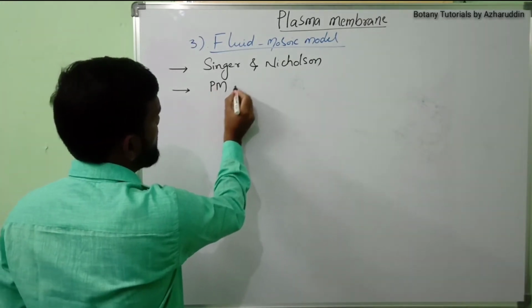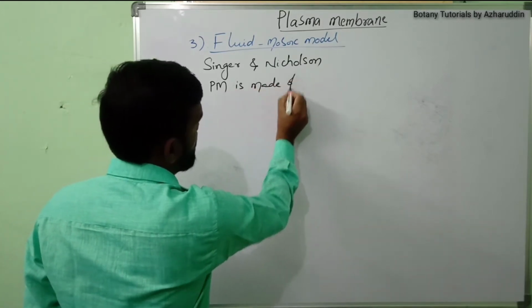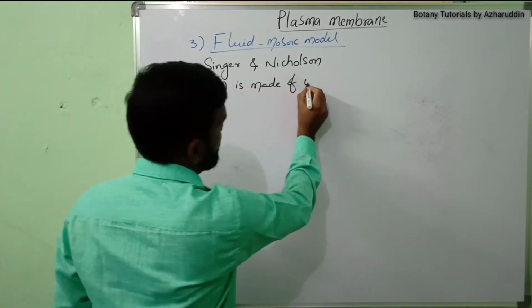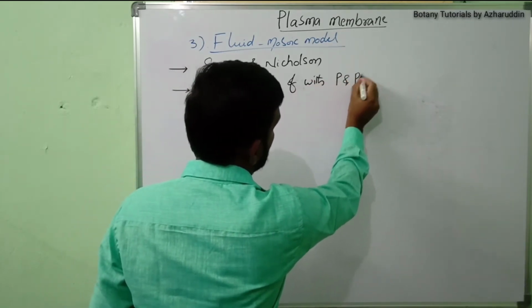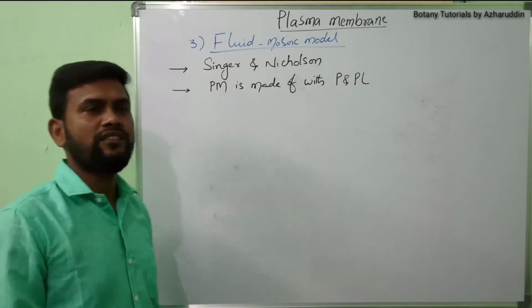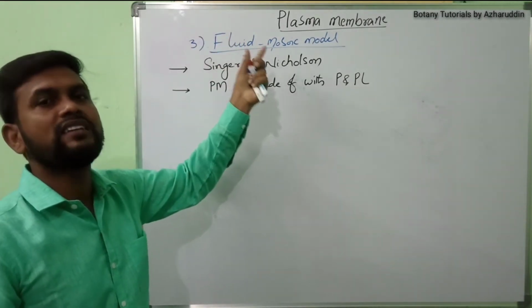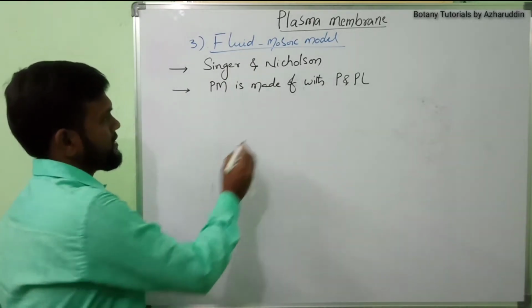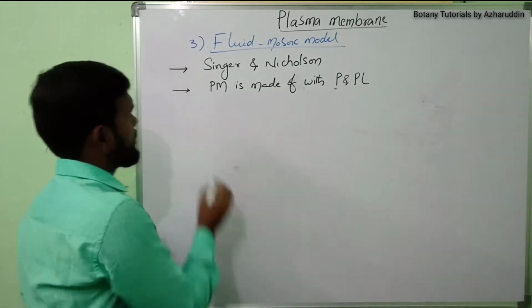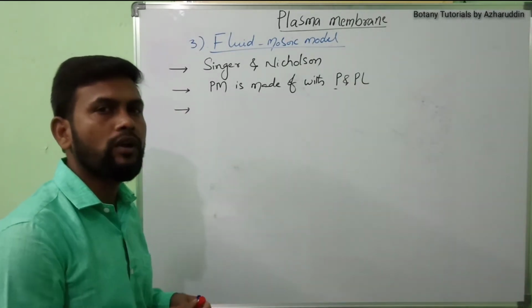The plasma membrane is made up of proteins and phospholipids. This was said in the first model, that is Dawson and Danielli's model. Next, coming to proteins.